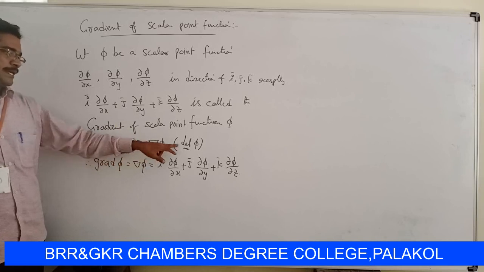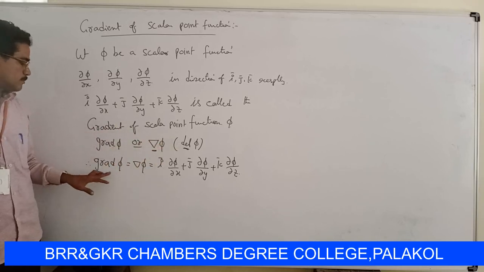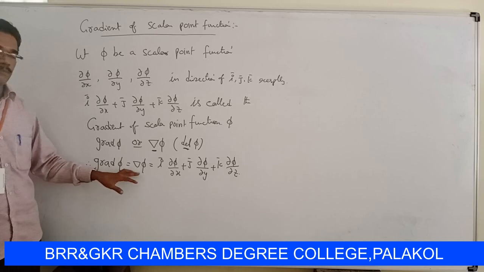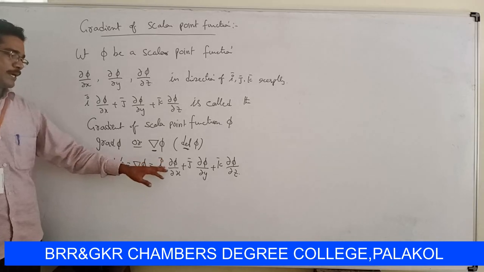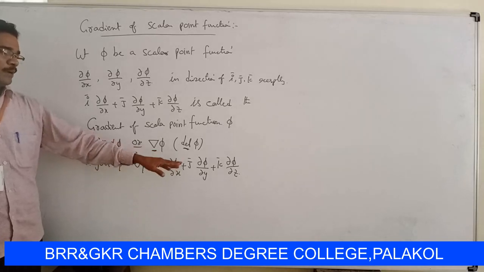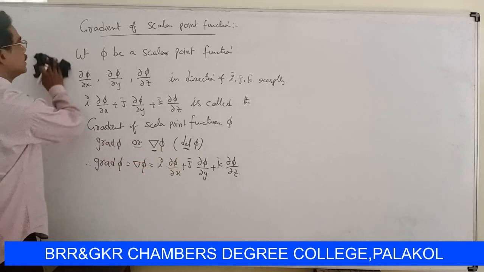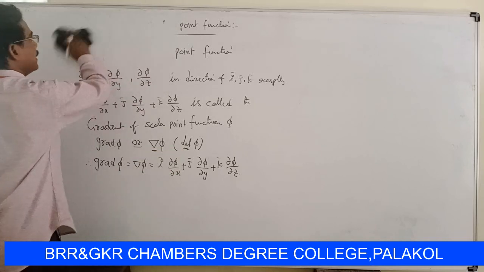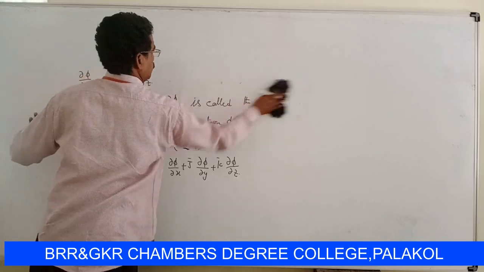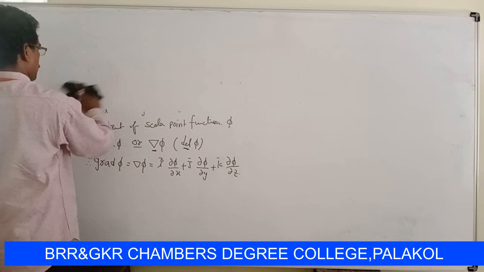This symbol is del phi. So finally grad phi equals del phi equals i ∂phi/∂x plus j ∂phi/∂y plus k ∂phi/∂z. This is the definition of the gradient of a scalar function.